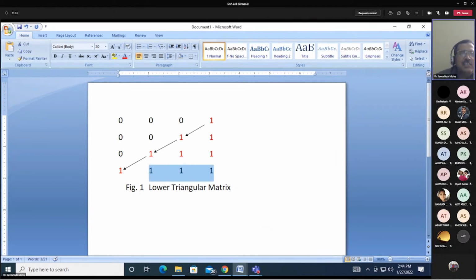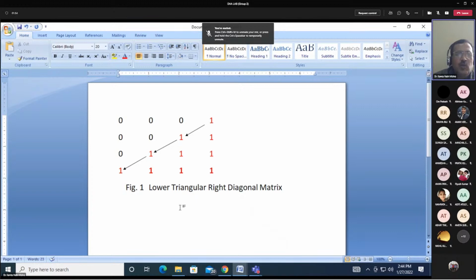So all these three should be non-zero. And other elements here we are talking about lower triangular. This is a right diagonal matrix. Lower triangular right diagonal matrix.